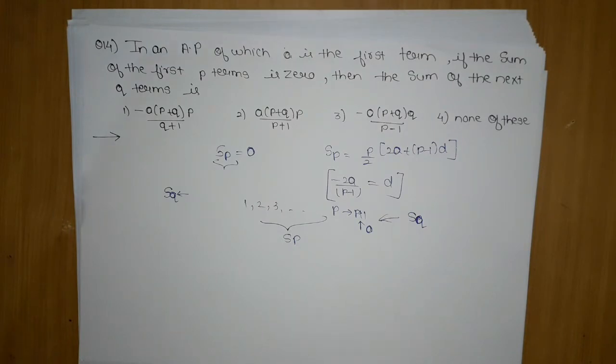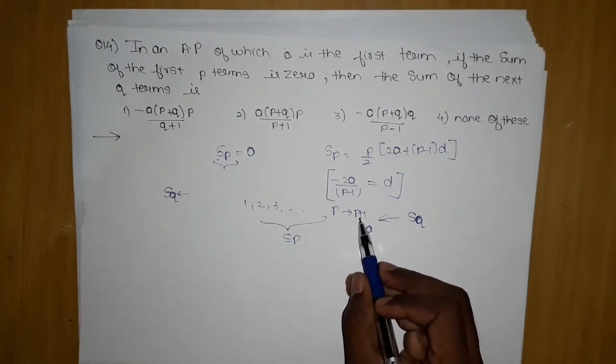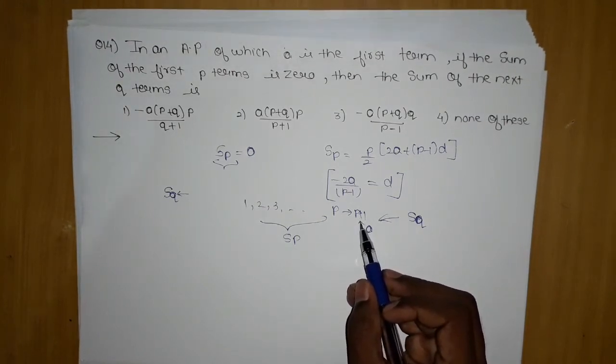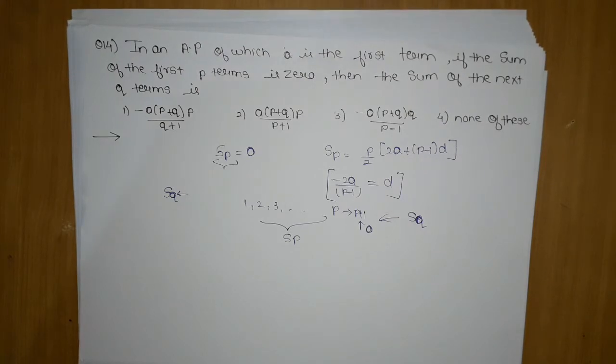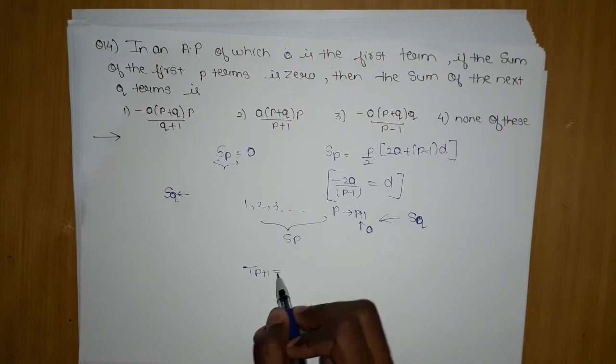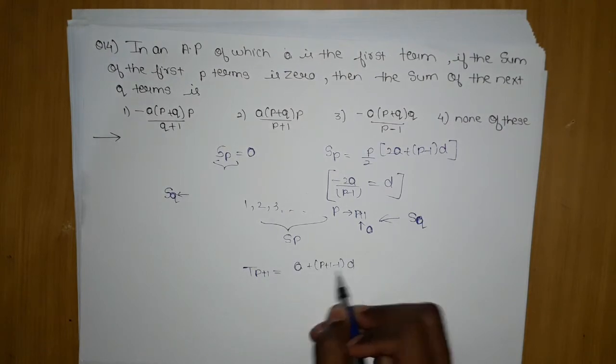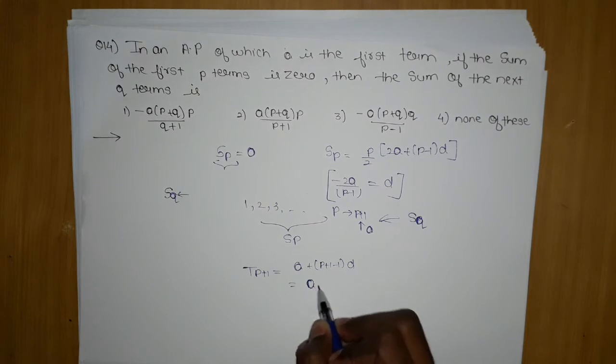For that, we want to find the first term of SQ, meaning the P plus 1th term, which will help us. So let's try to find it. TP plus 1 will be what? A plus P plus 1 minus 1 into D, which will give me A plus PD.